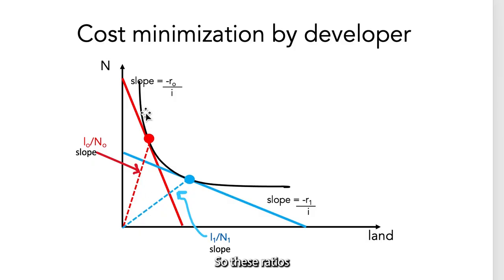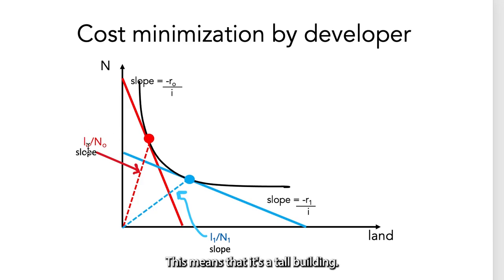So this ratio, N0 divided by L0, is equal to the slope of the red dotted line. This ray is steeper than the blue ray. The building at X0 is taller than the building at X1 because it has more materials in the same amount of land, more materials in little land.